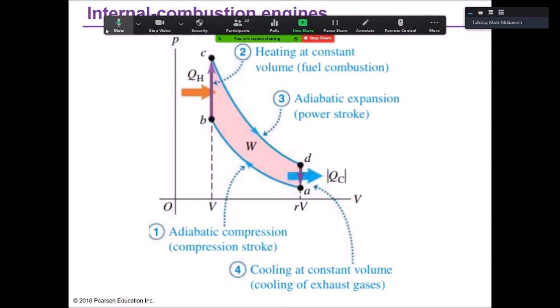The amount of work that's being done is bounded by the graph here. We know how much QH is being put in. The in-class activity that we just did, the last example, kind of explains that. We look at the latent heat of vaporization for the gasoline. We know exactly how much energy is going to be put out there. We know the amount of work that's going to be done in that process.